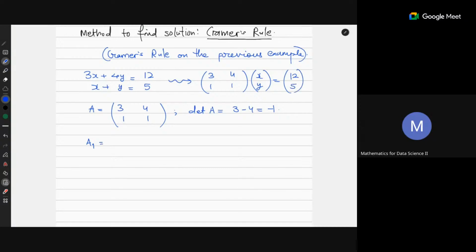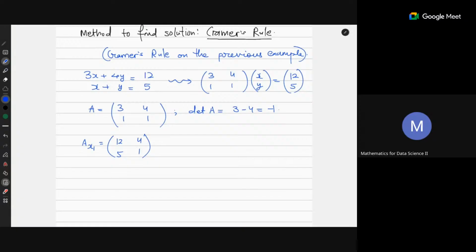So we obtain a new matrix by replacing the first column with the column vector on the right hand side. So we get this matrix. Let's stick to the notation AX. I get this matrix AX.